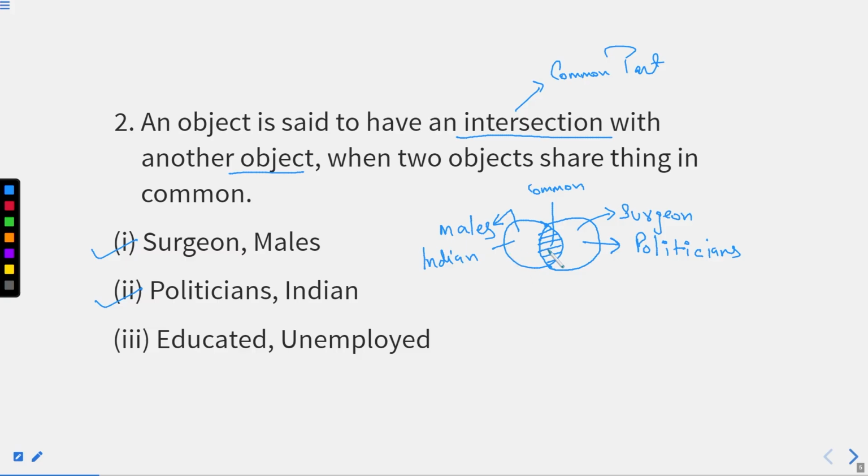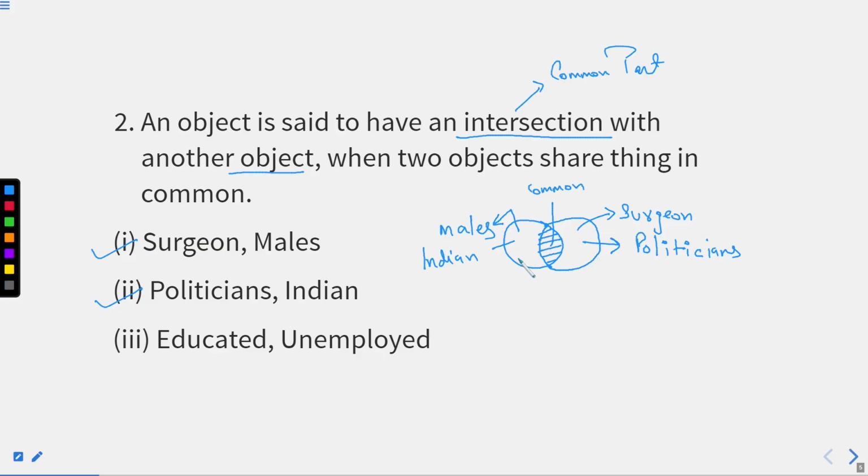So Indians who are politicians will be represented by this shaded region. I hope you get this. And there are politicians who are not Indians. Like if I talk about the USA's president or any USA politician, they are not Indian, right? It means this part which is not shaded on the right side is politicians who are not Indian, right? Here there are Indians who are not politicians, right?